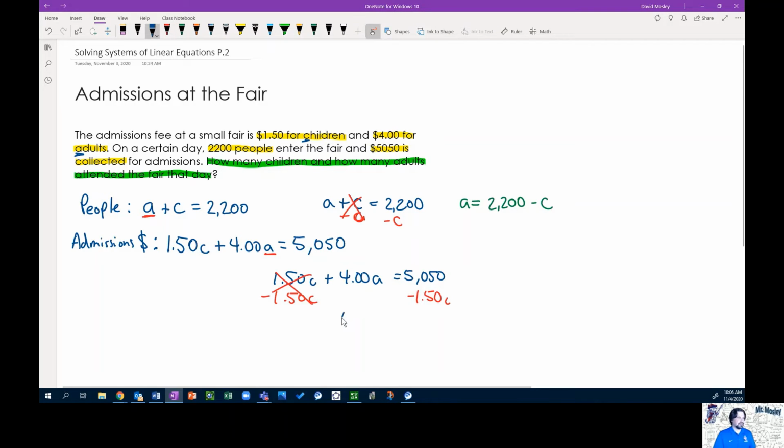On the left-hand side, I'm left with 4A equals 5,050 minus 1.50 C. To finally get A by itself, we divide each side by 4.